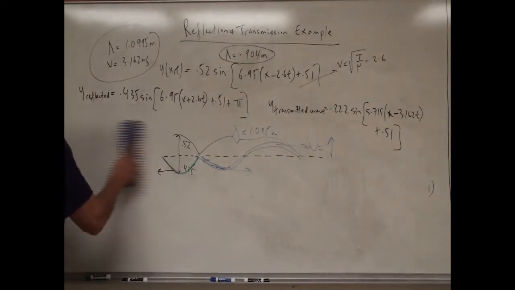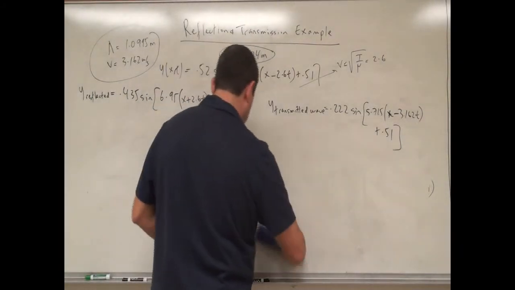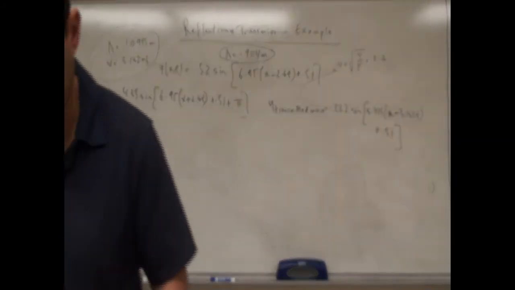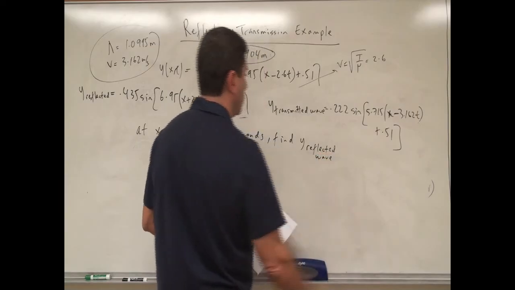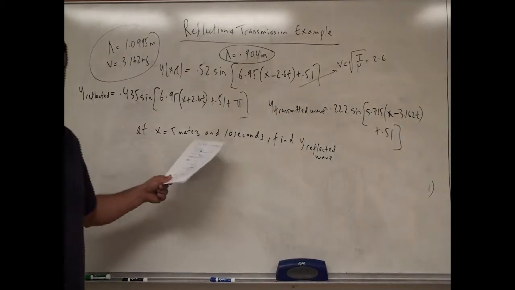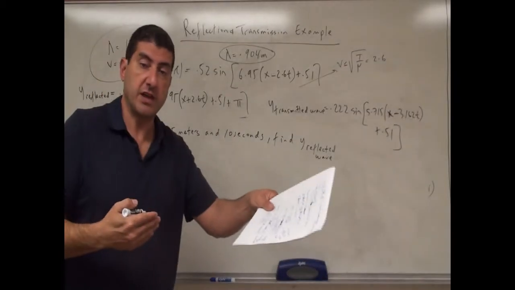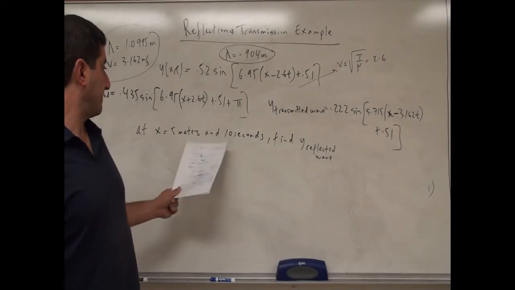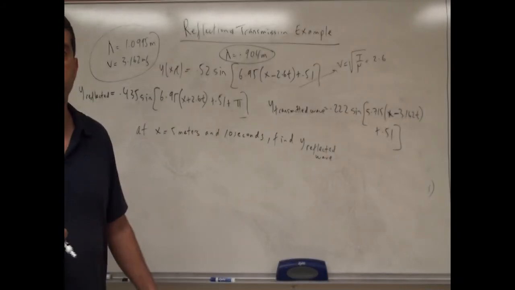So let's just say, for example, the problem tells you at, let's say at, right? So remember the boundary was at x equals to 10, right? So then the wave is coming back at x equals to 5 meters and 10 seconds. What's the value of the y reflected?